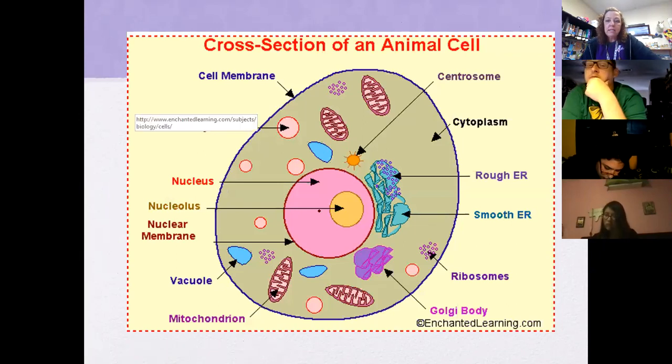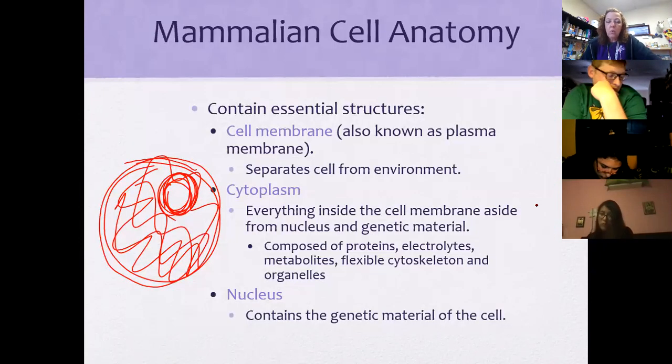So here we have our cross section. So here's the jelly-like cytoplasm, this gray. These are all of the organelles. Absolutely. We have organelles that are suspended, but we also have, as I said, a cytoskeleton.